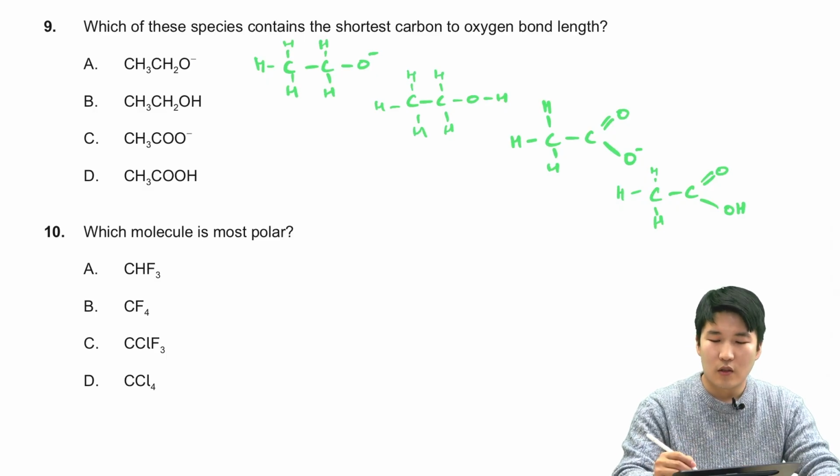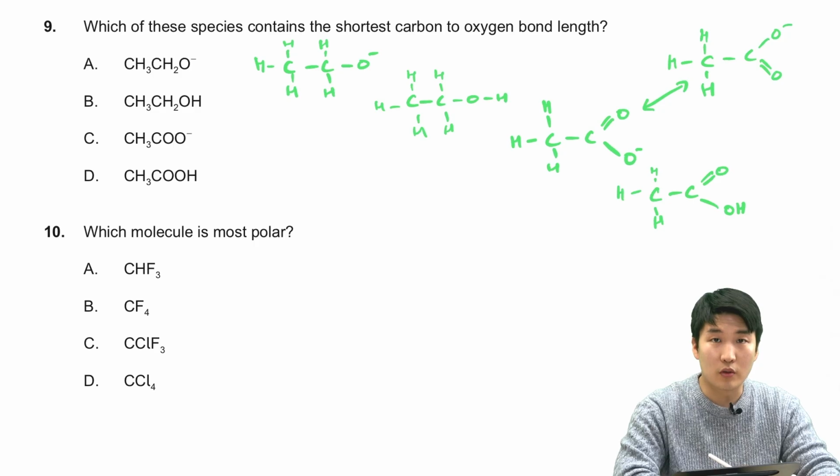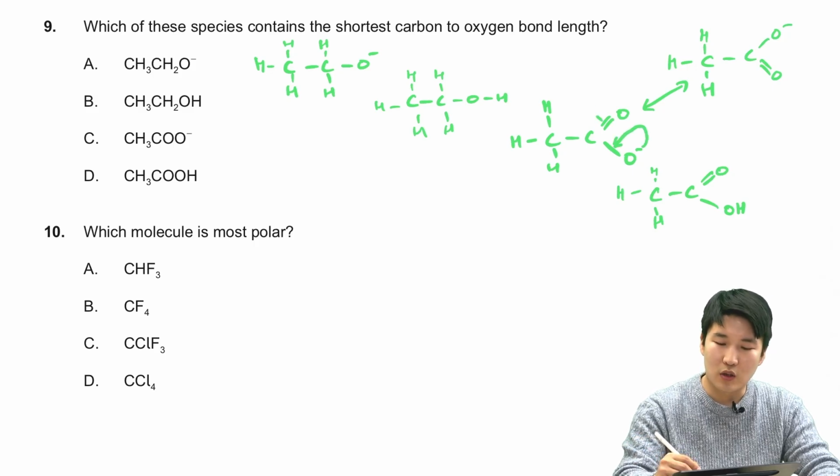Now, ethanoate ion has resonance. We can draw the resonance structure as follows. What is resonance structure? Alternate position of double bond. And this is represented by the movement of electrons that will delocalize across a pi system.